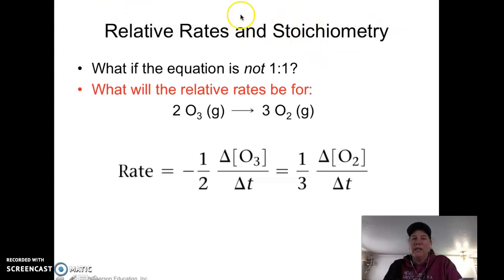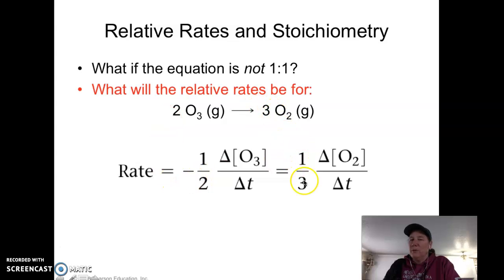So let's say we're doing 2 moles of ozone, that's O3, yields 3 moles of oxygen. So we got 3 moles here and 2 moles there. When we're trying to figure out the rate, we're going to have to put a number in front here, okay? For ozone, excuse me, 1/2. So whatever its coefficient is, you're going to put 1 over it.